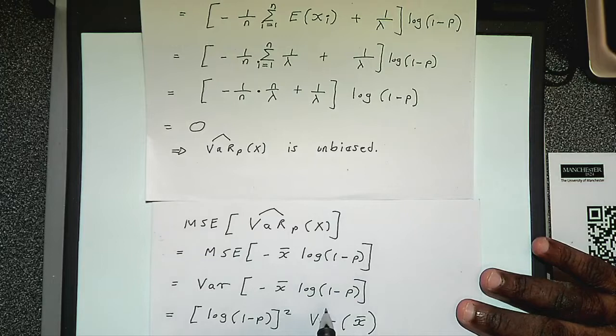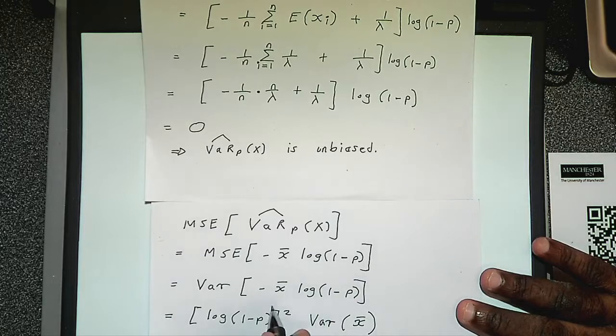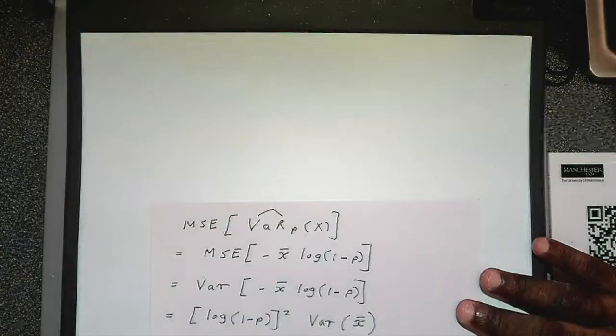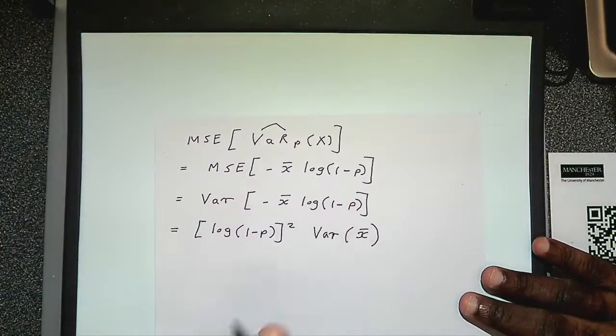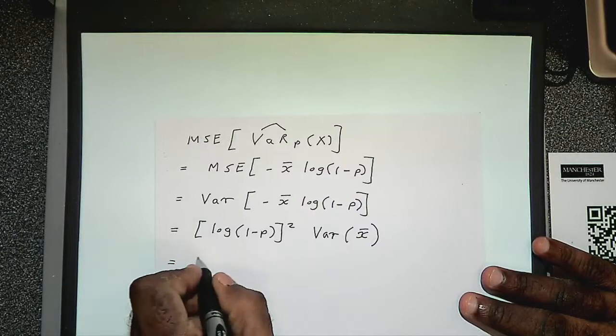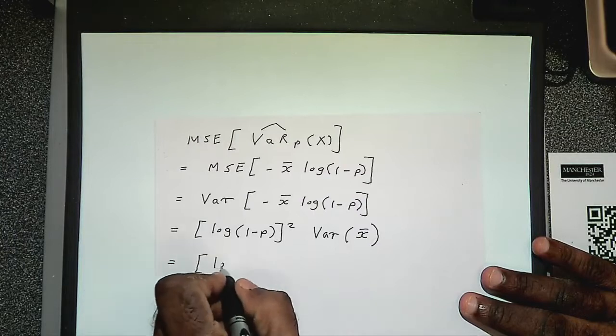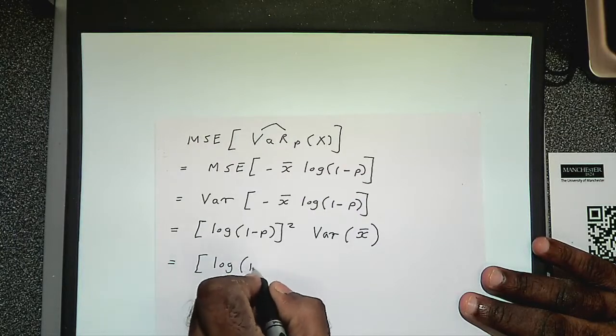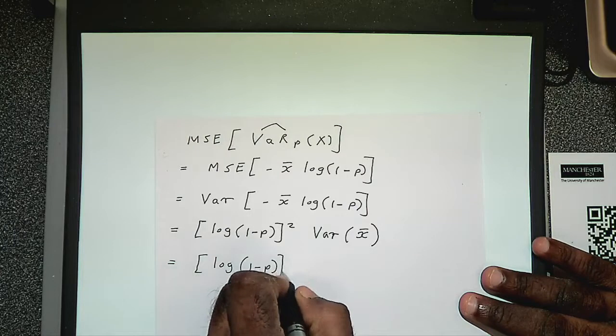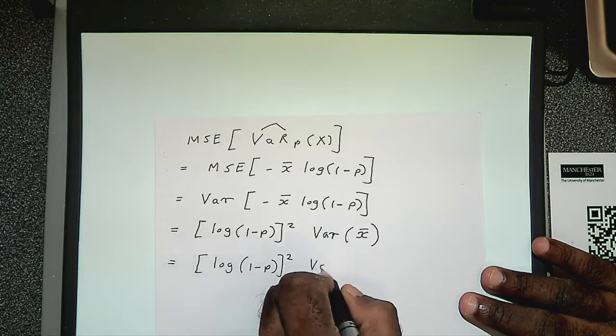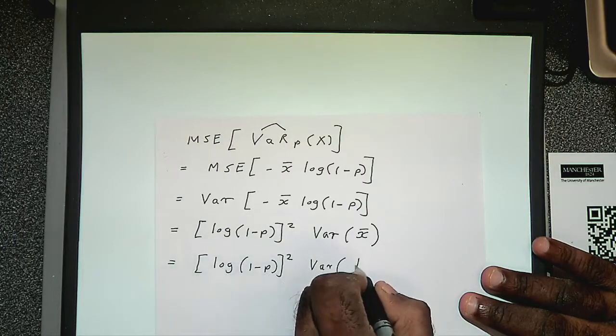Because remember, when you take a constant outside of the variance, you need to square it, right? So that's what I have done here. So this is the variance of 1 over n.